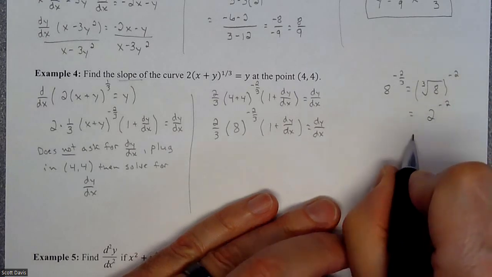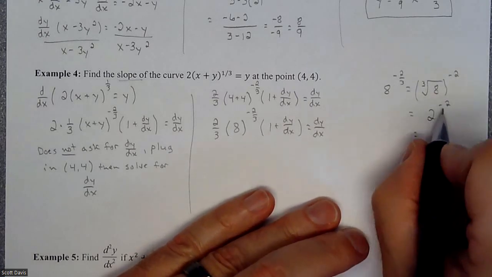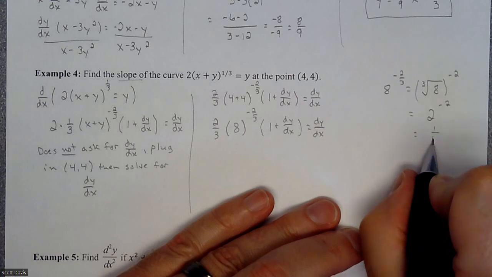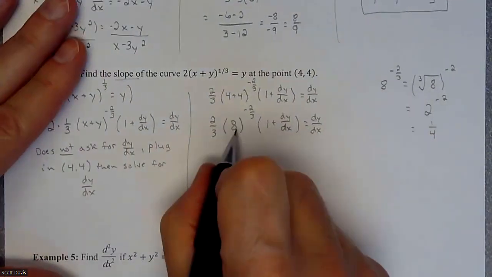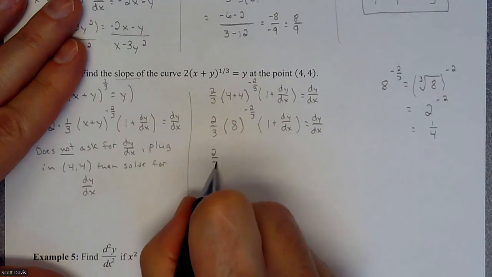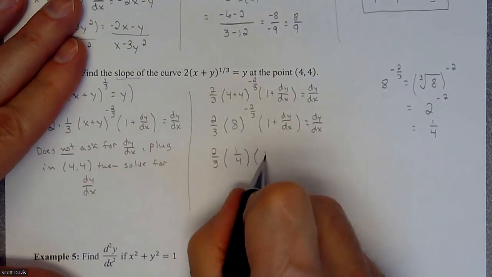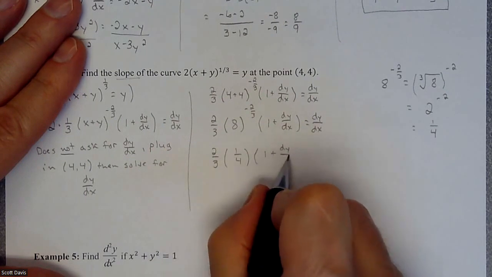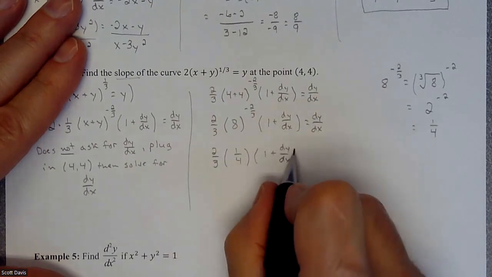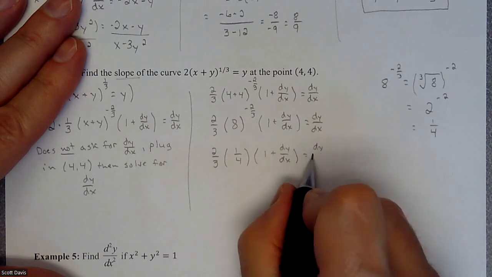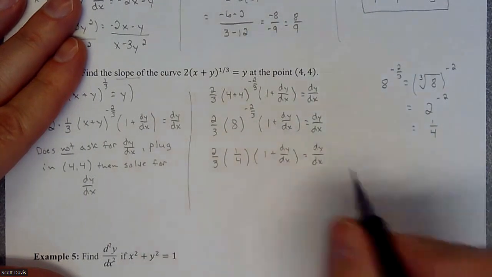And then if we raise that to the negative 2 power, 2 squared is 4, but it just goes into the denominator. So we got 2/3 times 1/4 times 1 plus dy/dx equals dy/dx. All right, so let's see what else we can do.